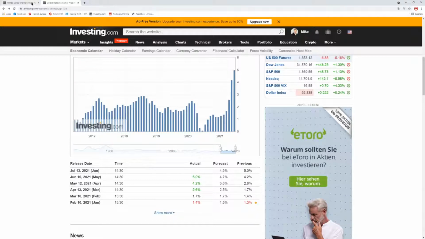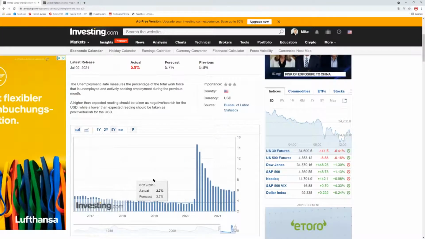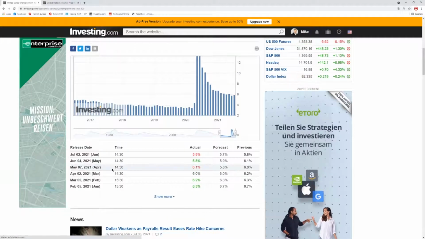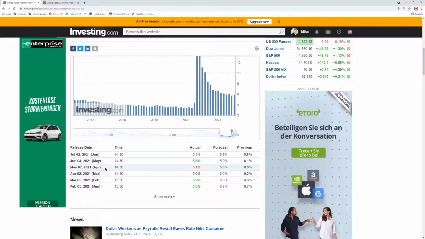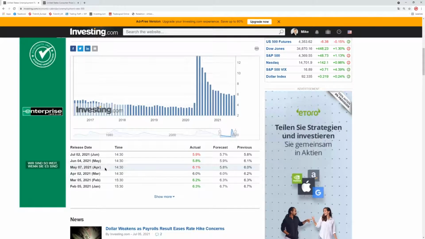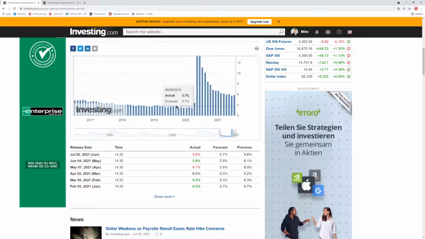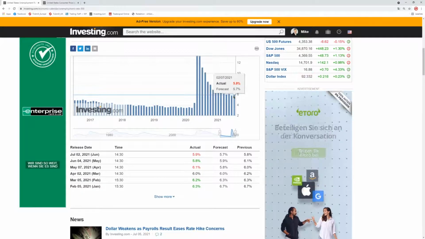The second one is the unemployment rate, and this is what you can see here. The Fed has a target of an unemployment rate below 5%. And when you see what the US economy had before COVID-19, you see this here, 3.5, 3.7%, and now the latest number was 5.9% from June.